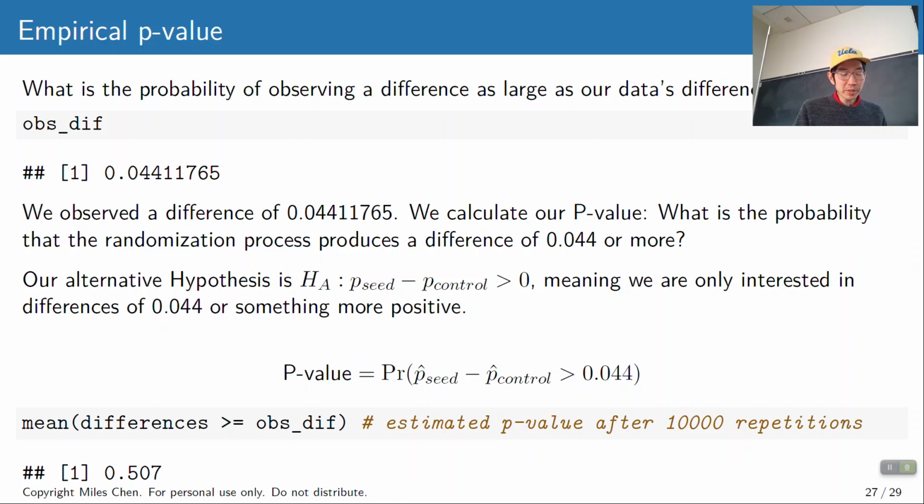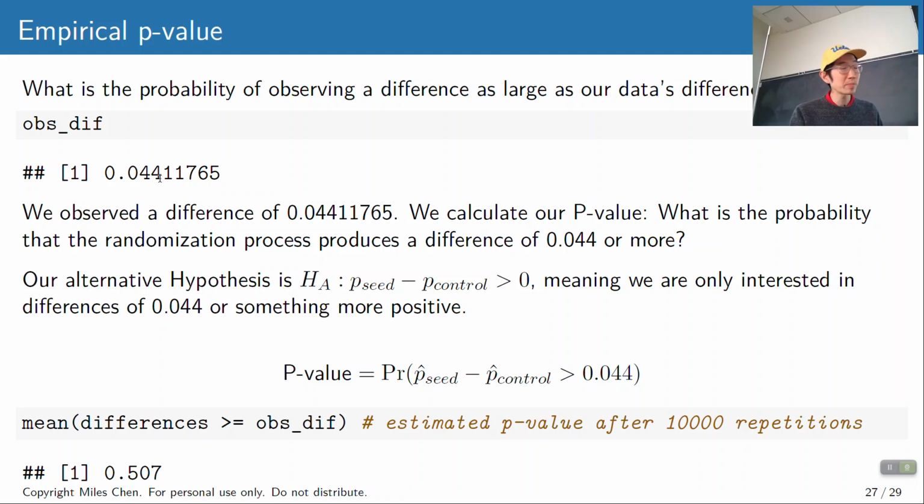So what was the observed difference in my data? My observed difference was 0.044, positive 4.4 percentage points. And we want to know, how often do we get a difference of 4.4 percentage points or something more unusual if the null hypothesis were true?